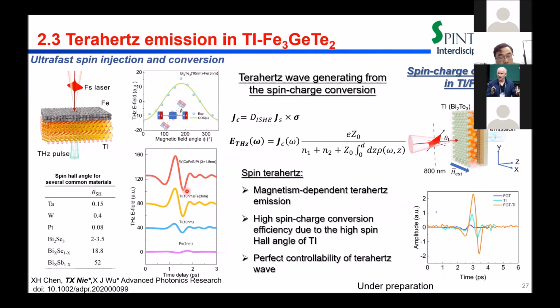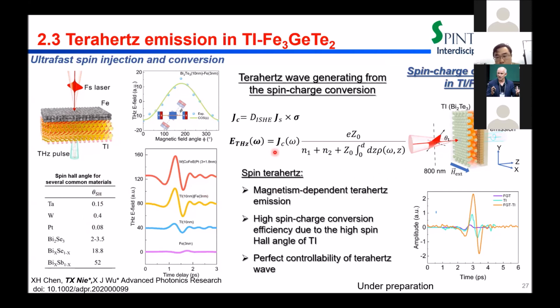We can see that because the topological insulator has a very high spin Hall angle, in the topological insulator with iron structure, the emission intensity is almost comparable to the cobalt boron three-layer structure. That means it has high potential for terahertz emission.